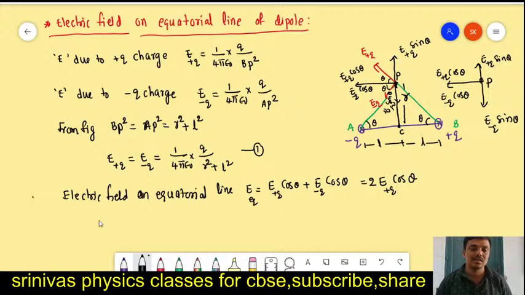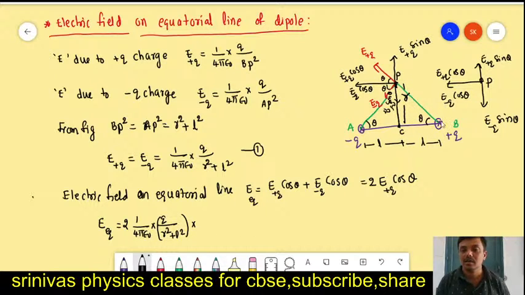Okay, right. Then E equatorial line is equal to, we will write like this, 2 into E plus Q. The E plus Q formula is 1 by 4 pi epsilon naught into Q by R square plus L square, into cos theta. From the figure, cos theta equals adjacent side by hypotenuse.